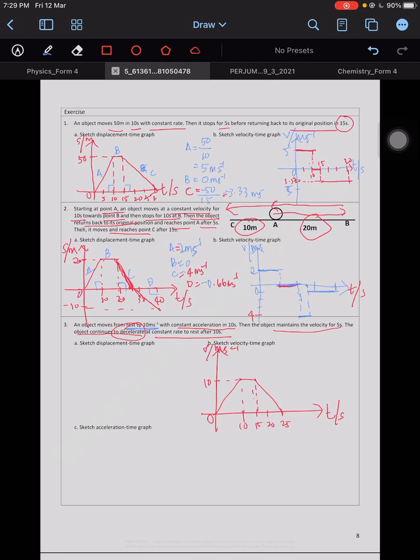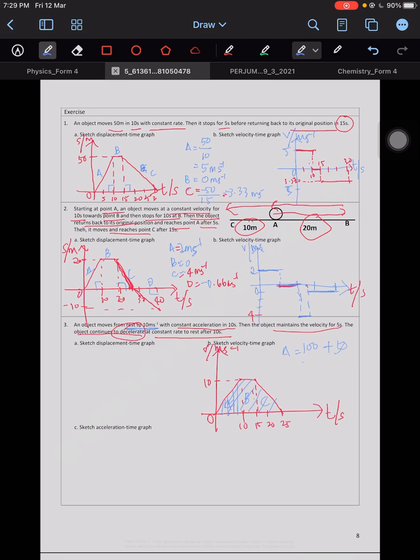Remember this is a velocity time graph, so you need to know the area under the graph. So here A, B and C. What is your A? 10 times 10 divided by 2, 100 divided by 2, so 50. Plus, next is B, 10 times 5, 50.